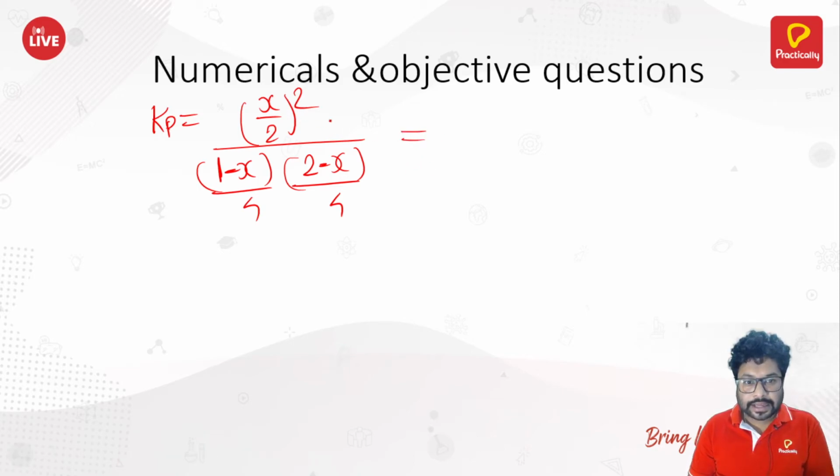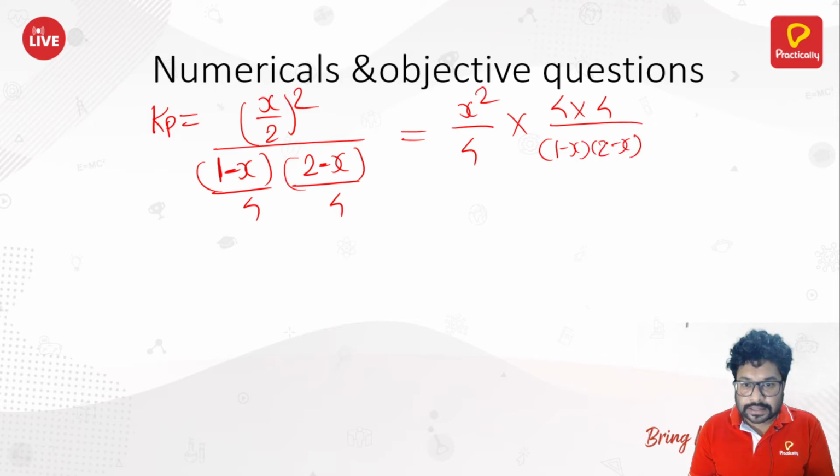So x by 2 squared is x square by 4, multiplied by, this goes above, 4 into 4, divided by 1 minus x into 2 minus x. That is equal to 50. The 4 gets cancelled.